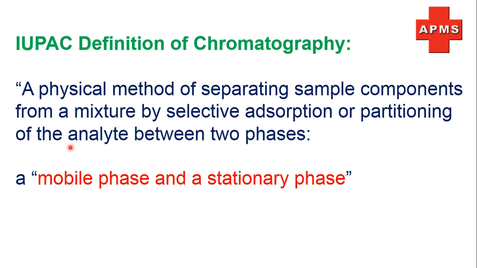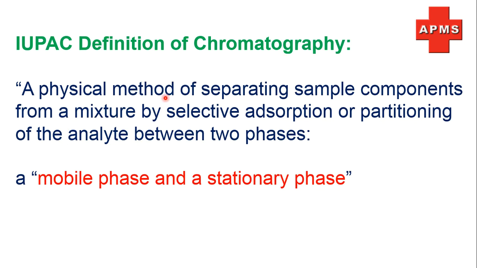To find out which compounds are present in that unknown sample is qualitative analysis, and to find their percentage, meaning which component is present in higher amount and which in lower amount, is quantitative analysis. So both types of analysis can be done in chromatography.